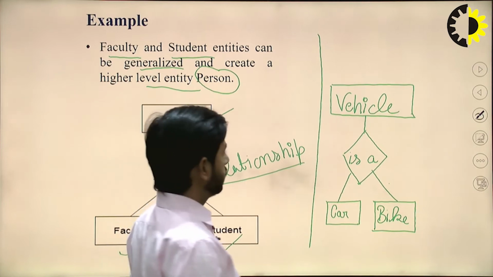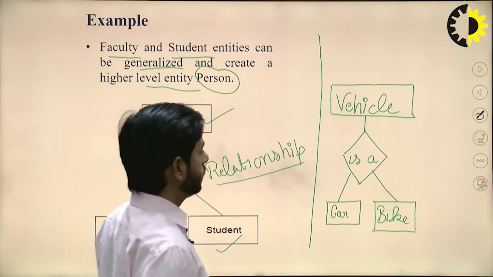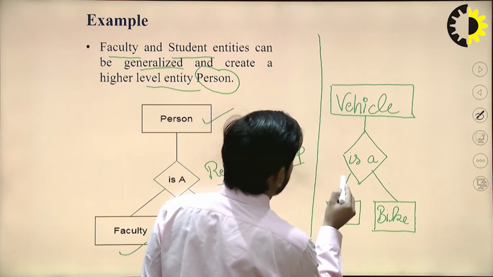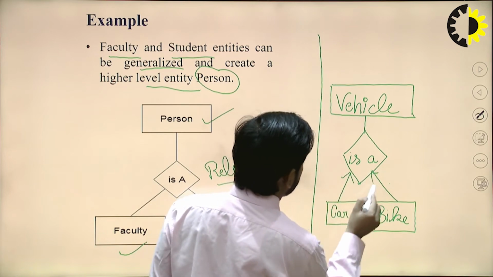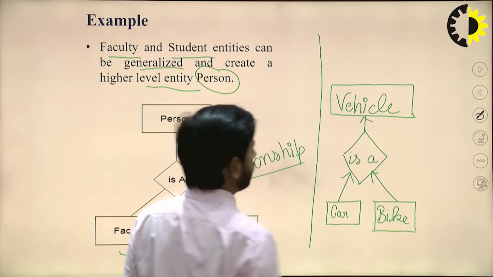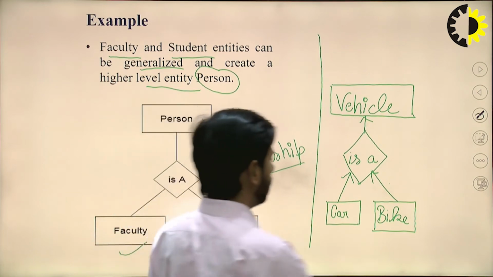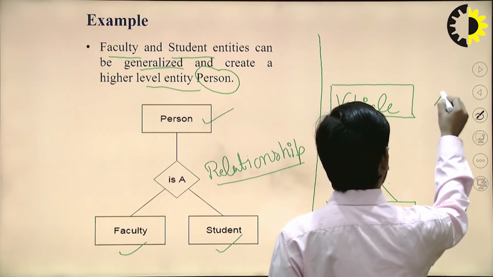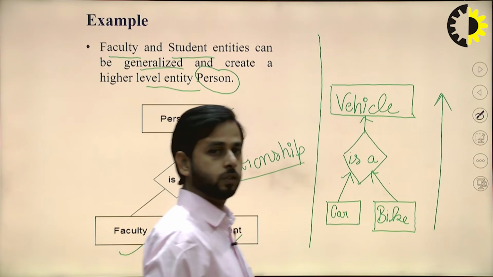So this is an example of generalization. It is a bottom up approach. We go from bottom to top. So this is generalization.